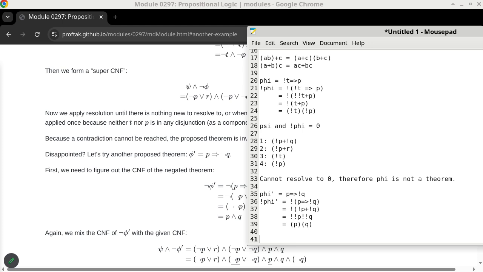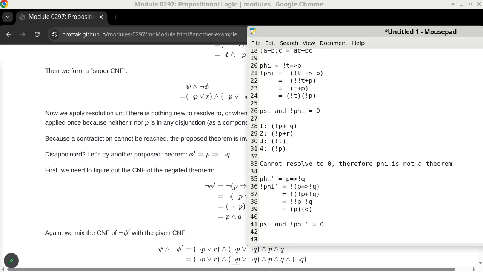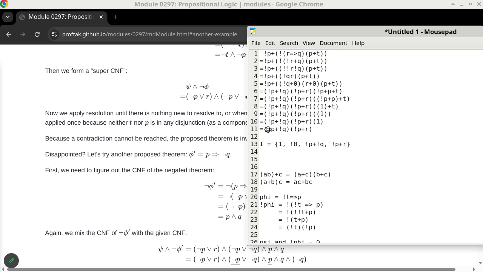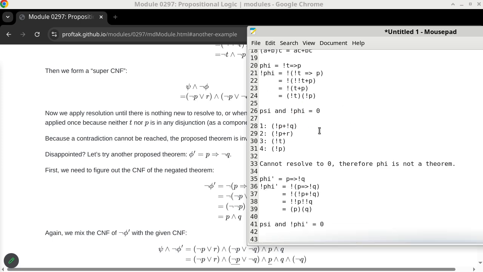So once again, we want to see if the conjunction between psi and the negation of phi prime in this case, we want to see if it is false or not. Okay, this is what we want, but we need to prove it. So now we concatenate psi. So psi is already worked out way earlier in today's lecture. So I'm just going to copy and paste it down here.